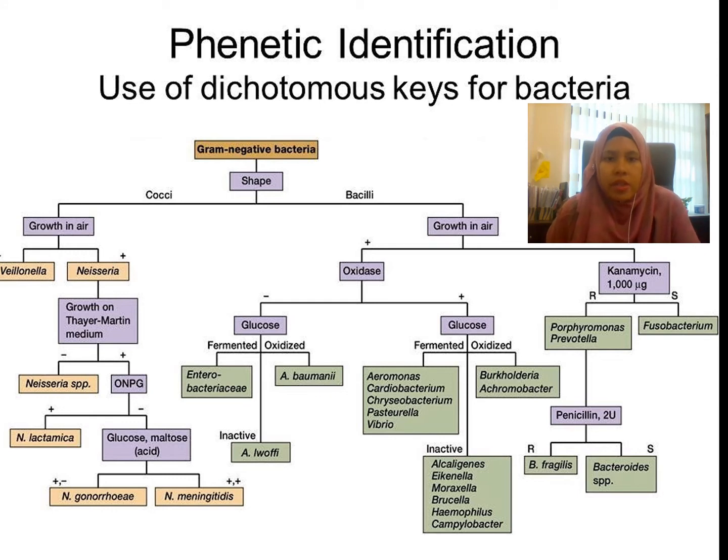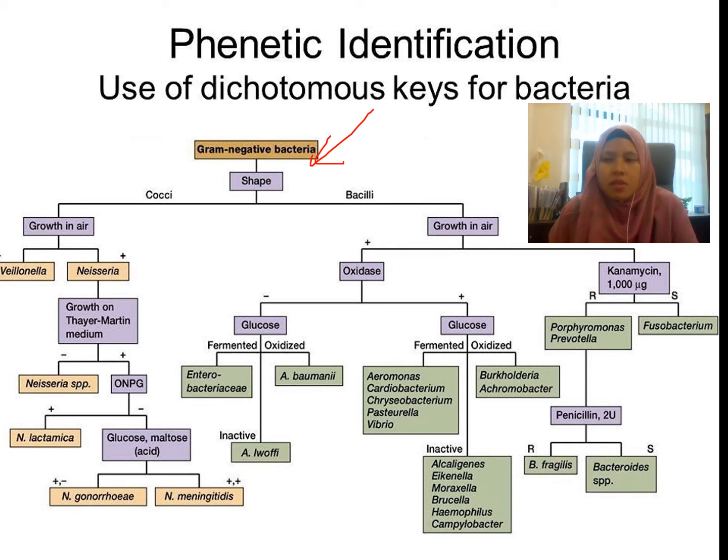So this is a dichotomous key for bacteria, and to be specific it is for gram-negative bacteria. Okay, so we go for the shape. For example, you have one unknown bacteria, and you know that it is gram-negative, because usually to identify the unknown bacteria, first you will do the gram staining test.